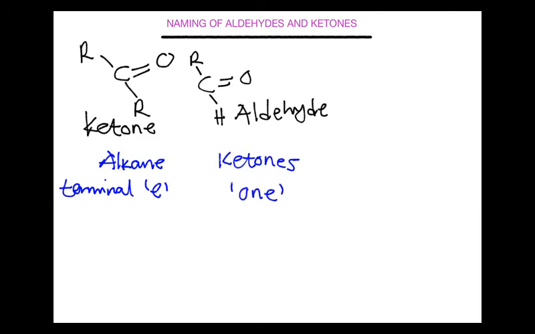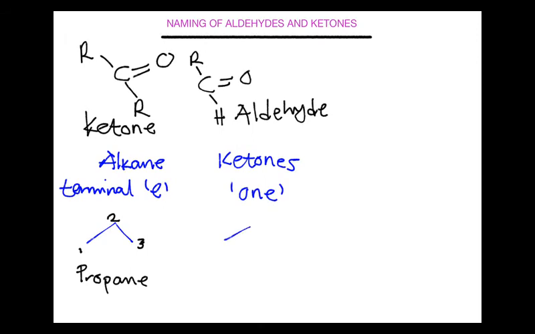If we are talking about an alkane and we have something like this, in alkane we are going to number this starting from this place, 1, 2, 3. So we are going to call this propane. What if it's a ketone?